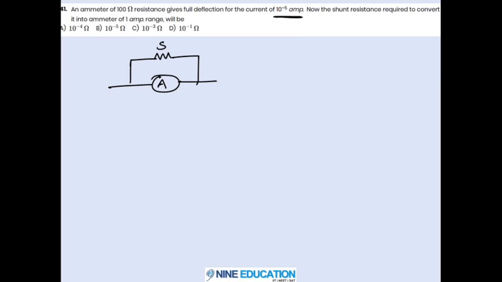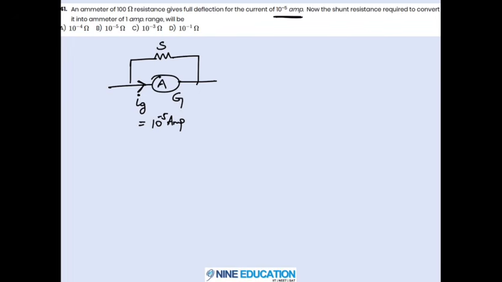So let us say this is shunt resistance S, and there is some internal resistance to the ammeter, which I can call G. Correct? And the maximum current that can pass through the ammeter, I can call IG. What is IG? This is the maximum current that can pass through the ammeter earlier, which is equal to 10 to the power minus 5 amperes.